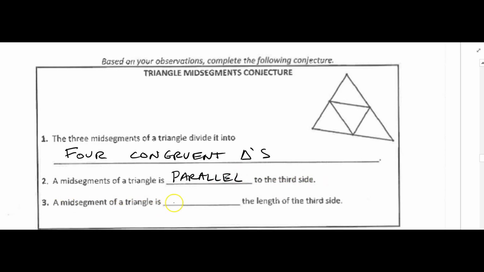And a midsegment of a triangle is half the length of the third side. So we're going to use the fact that these 4 triangles are congruent, the midsegment is parallel to a side of a triangle, and the midsegment is half the side to find angles and lengths of segments.